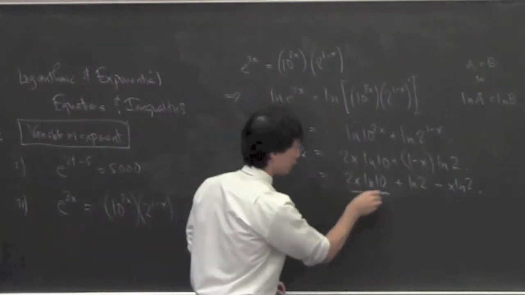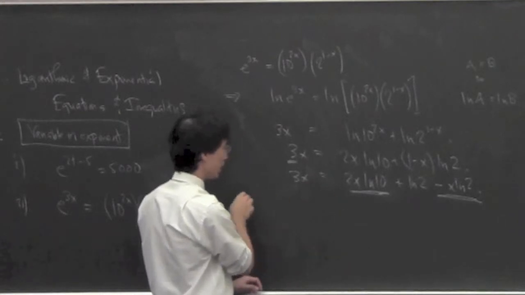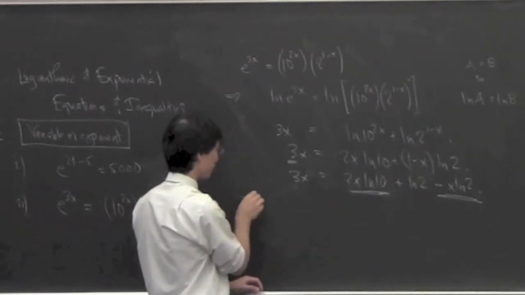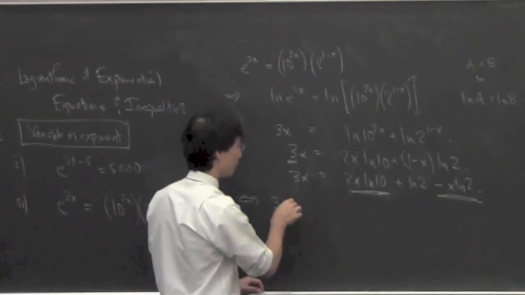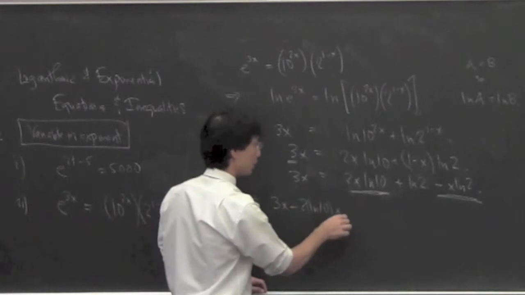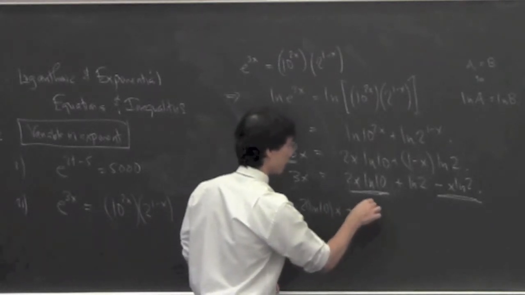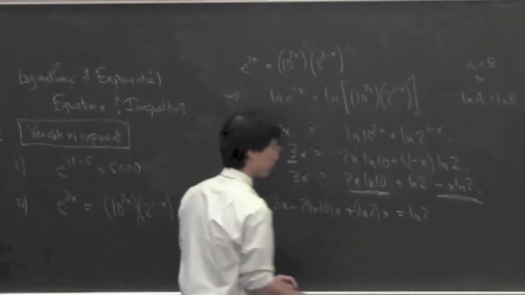Okay, so you know how to do it. Let's move all the terms involving x over to this side. We get 3x minus 2 natural log of 10x plus natural log of 2x equals natural log of 2.